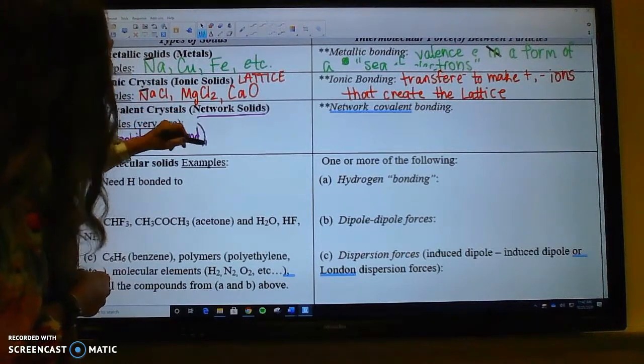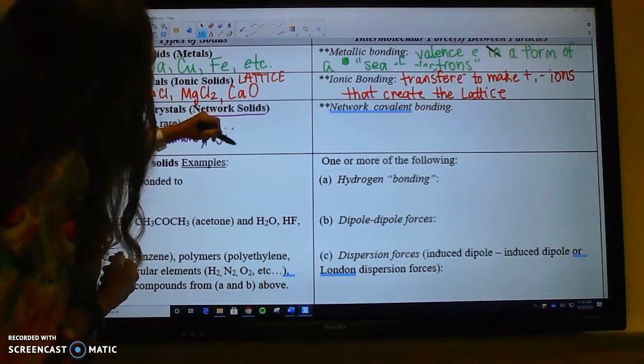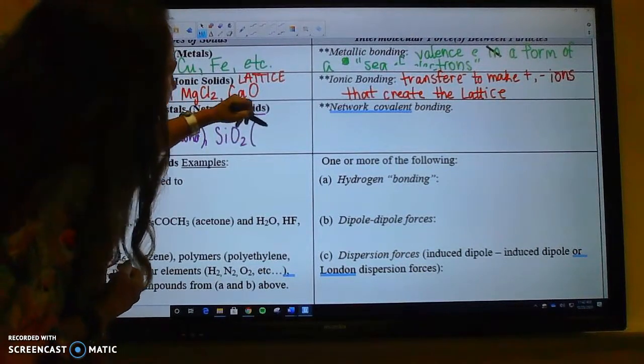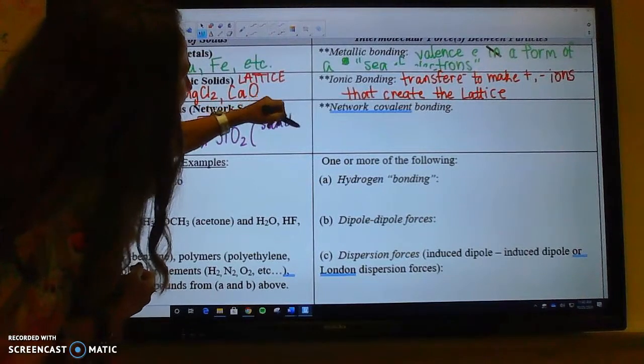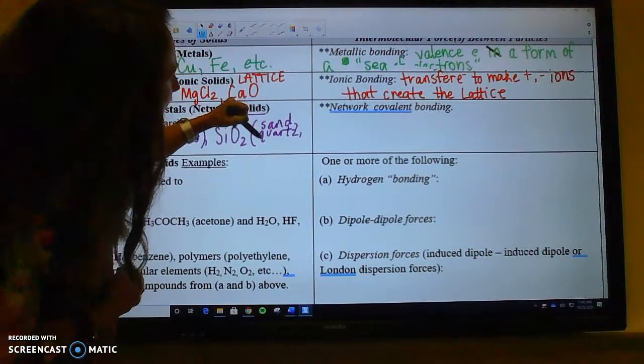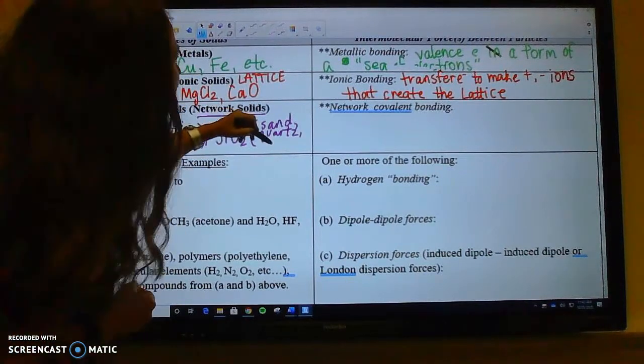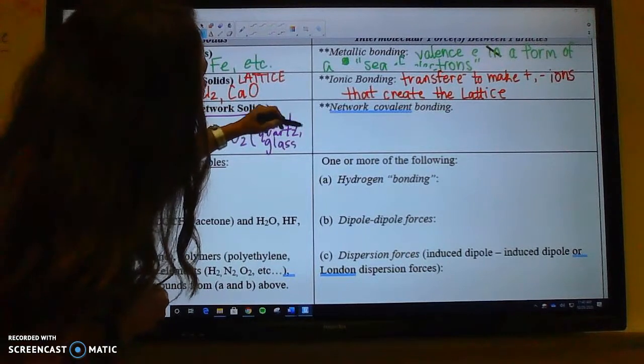And one other example besides carbon is silicon dioxide, which takes the form of sand or quartz, or even taking sand and blending it together at a high temperature makes glass.